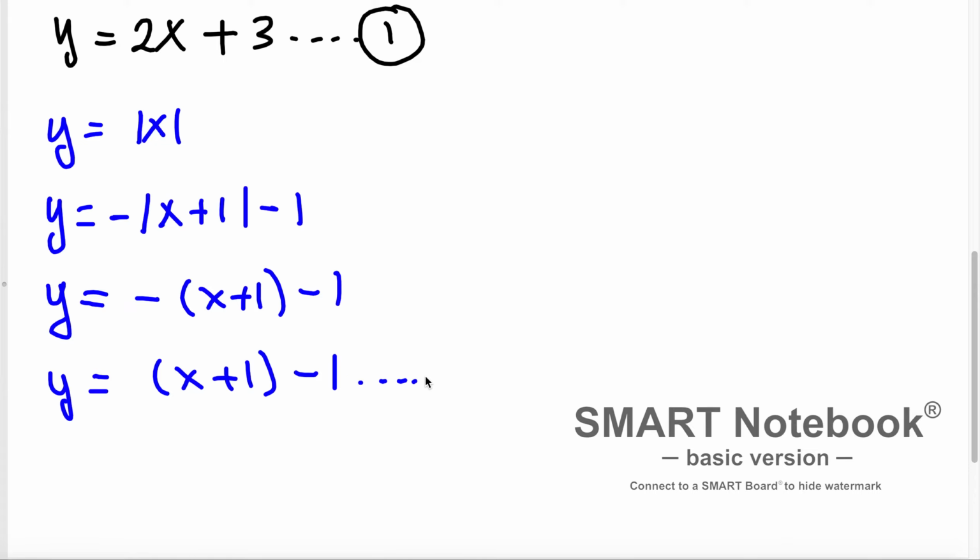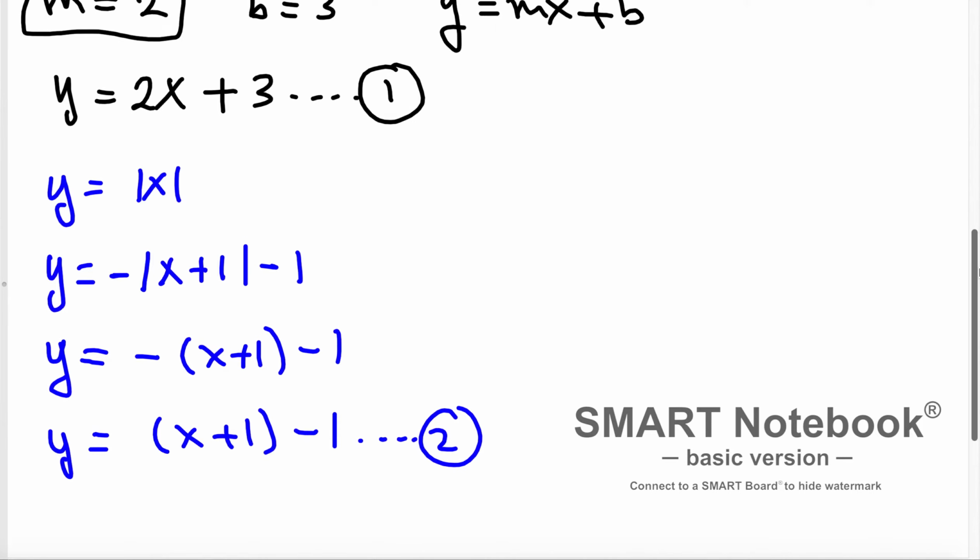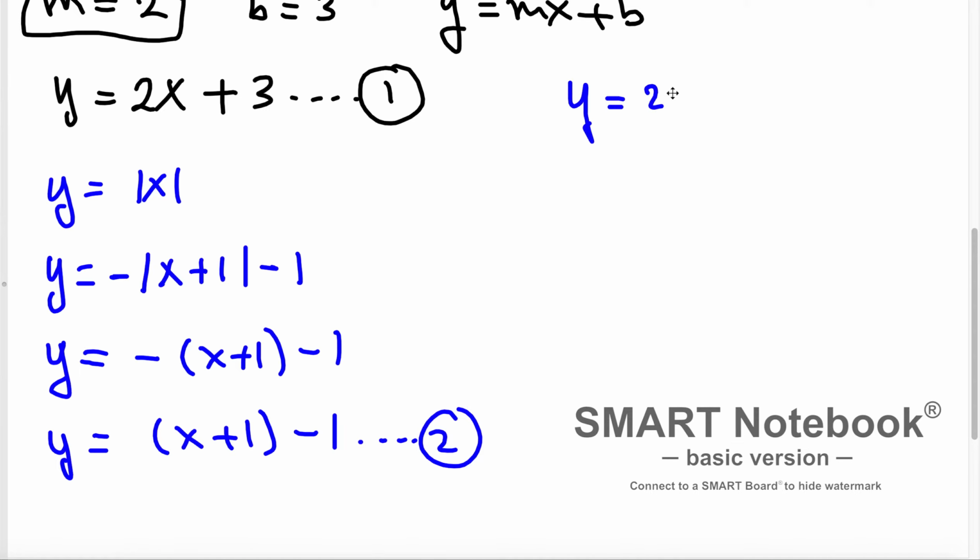So let me take this equation here and create a system of linear equations. If I create a system of linear equations from equation 1 and equation 2, we are going to have y equal to 2x plus 3, and y equal to x plus 1 minus 1.